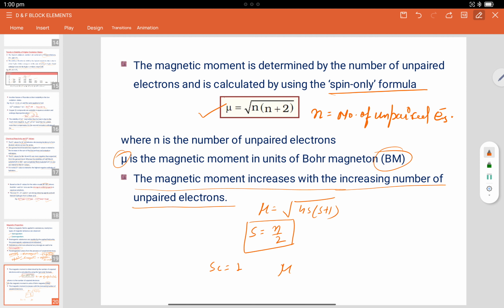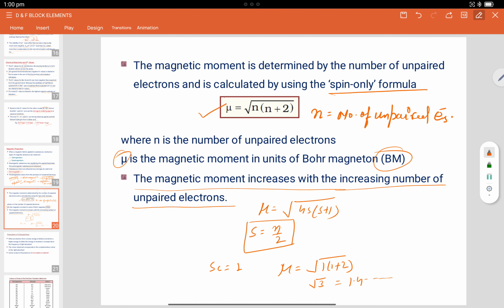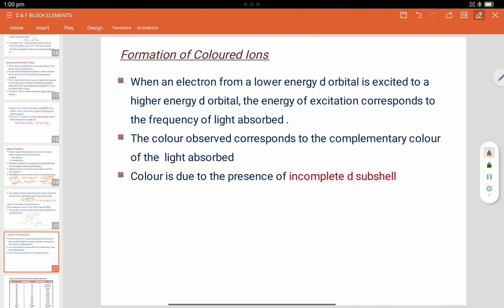So the magnetic moment of that will be under root 1 into 1 plus 2, so under root 3, that is 1.73. So that is the calculation of magnetic moment.